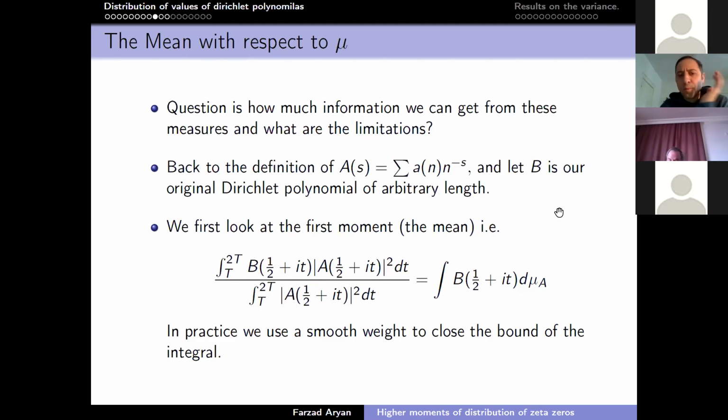One comment is that in practice we don't integrate directly; we usually use a smooth weight in the integral to close the boundaries of the integral from minus T to T. Probably things would work with just integrating this way, but it makes the technicalities much easier when you use a smooth weight.